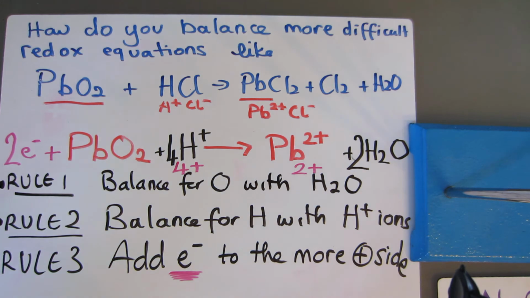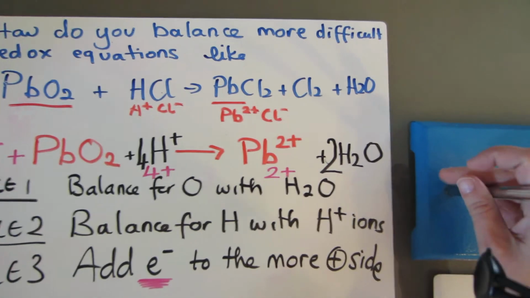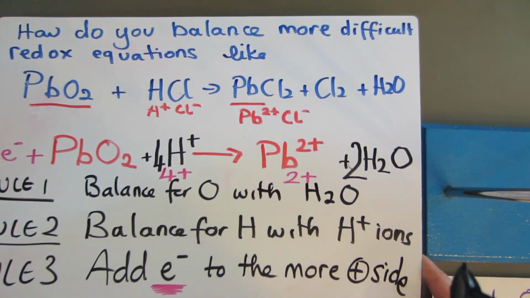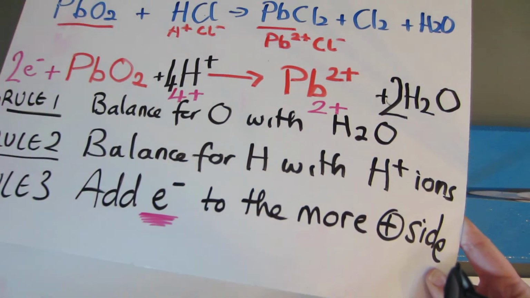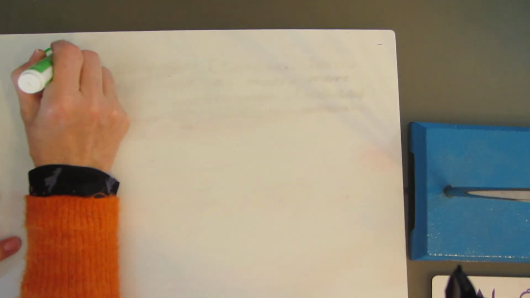Okay. What about the chloride ions now then? The chloride ions in the hydrochloric acid. So chloride ions, remember, where did we get those from?